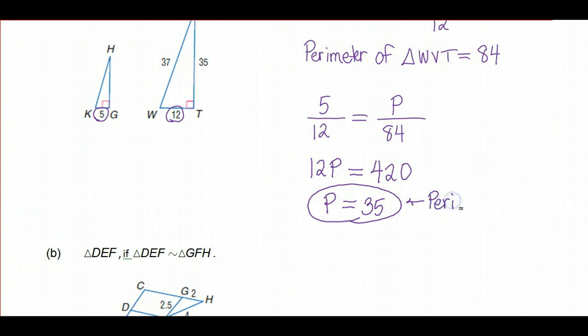Right. So I didn't have to find each smaller side. That was the shortcut. Could you have found each individual side and then added them up? Yeah, of course. So this is the perimeter of triangle THK. Any questions before we move on?